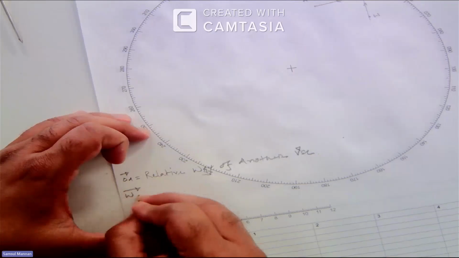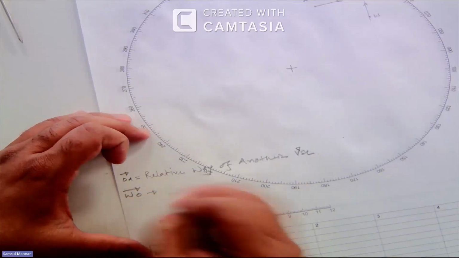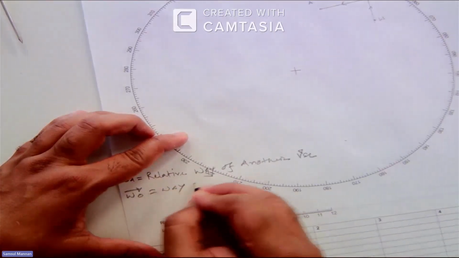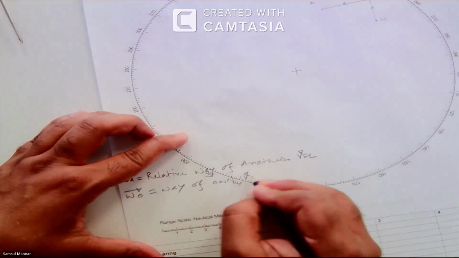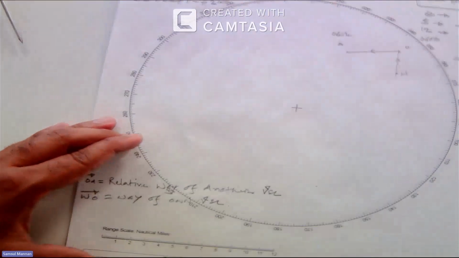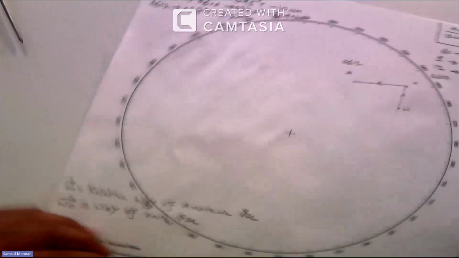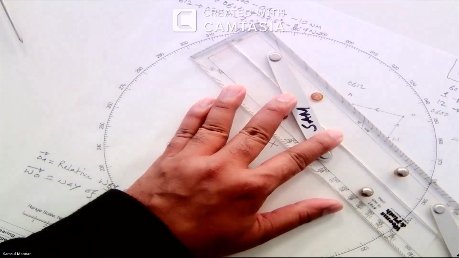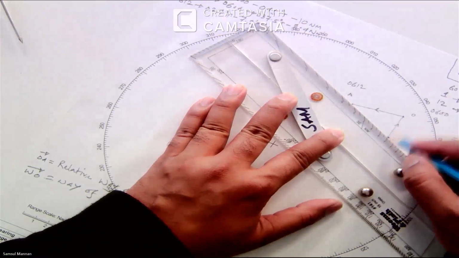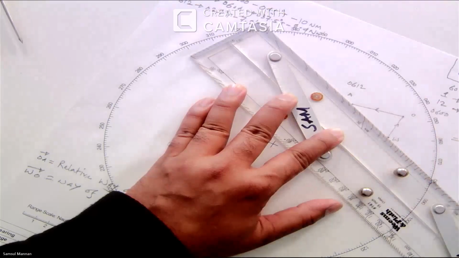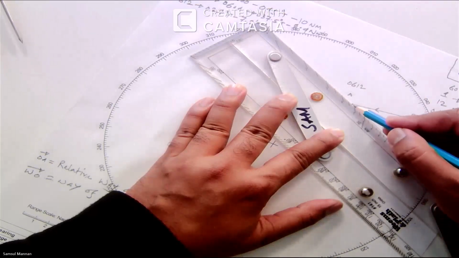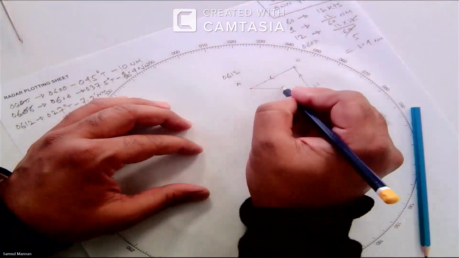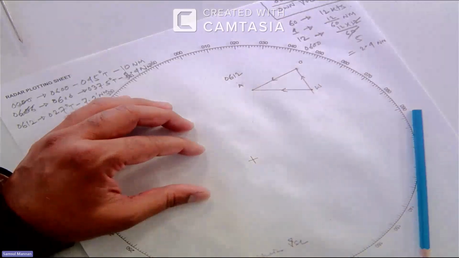Now we'll connect W and A. I'm putting a vector, and that vector is from W to A. You see, in that way we have got a triangle.